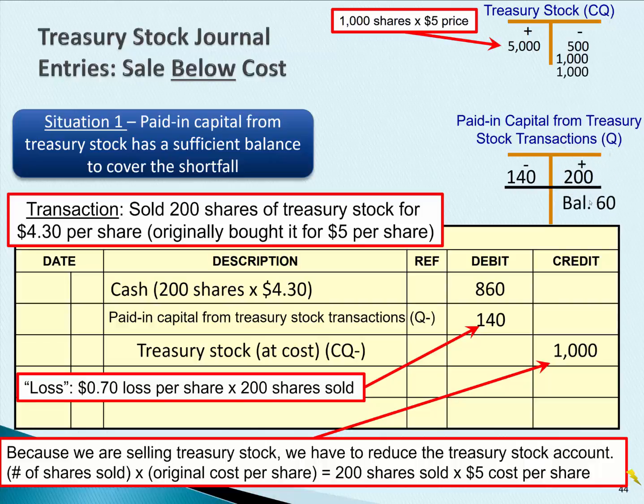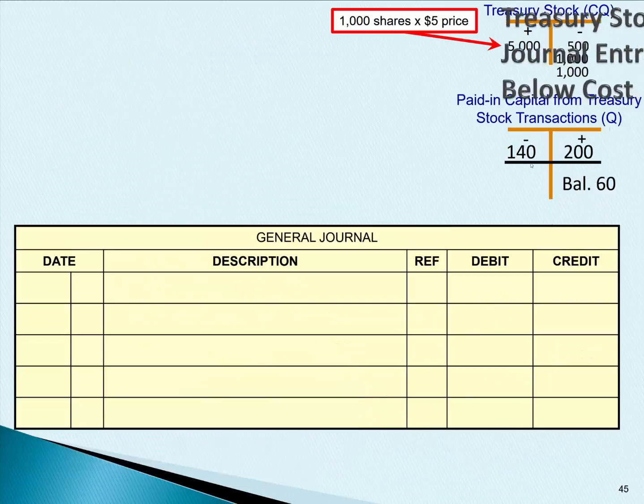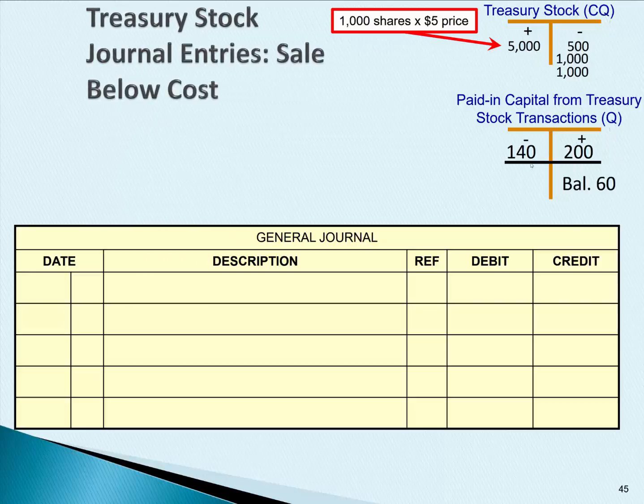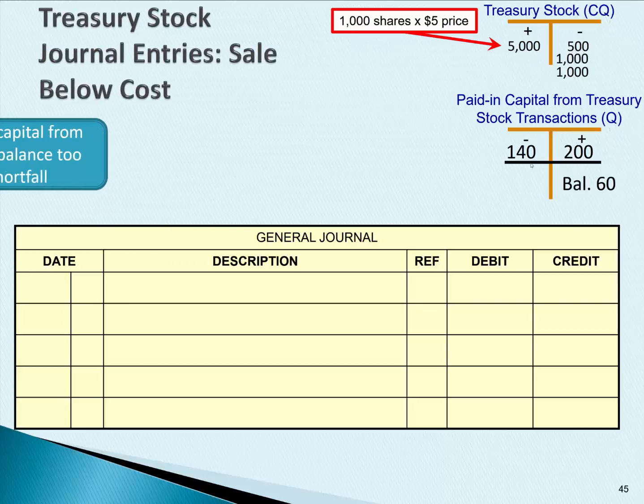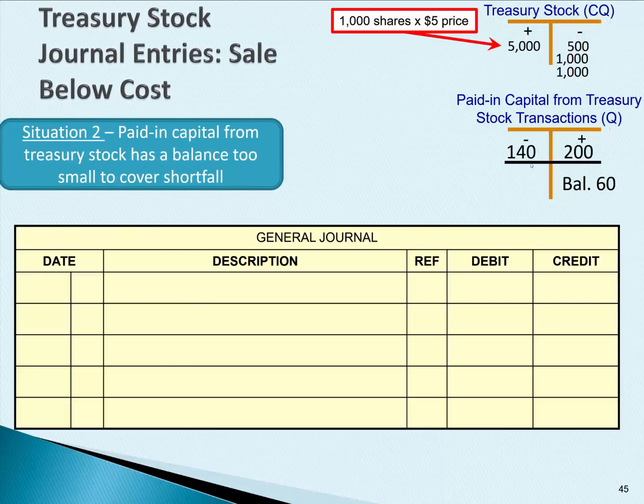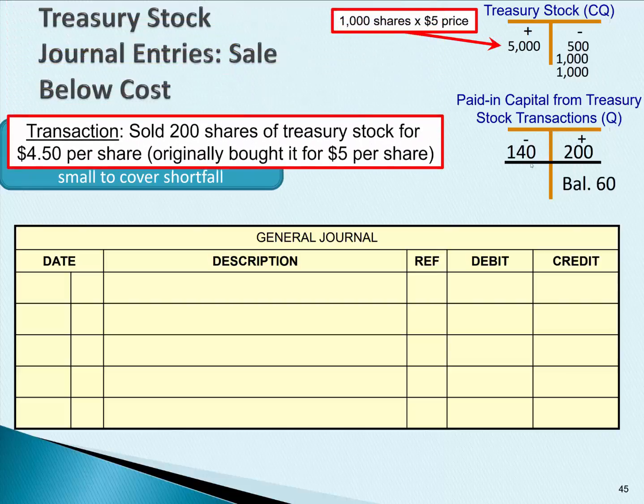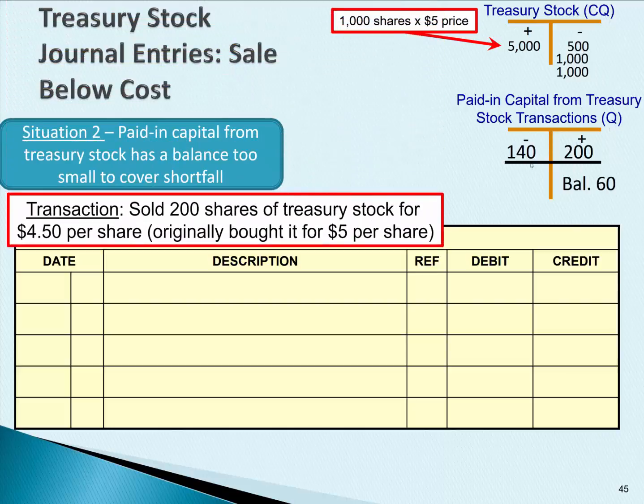There's our balance. So let's do another transaction. This time it's going to try to make this account negative. So here's a transaction. We sold 200 shares of Treasury stock, this time for $4.50 per share.